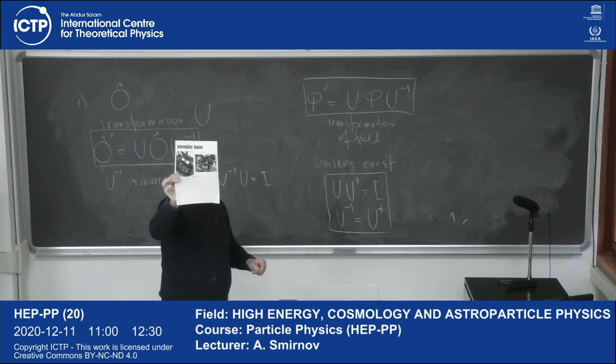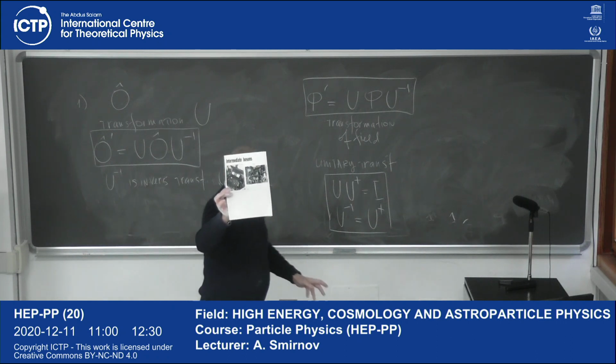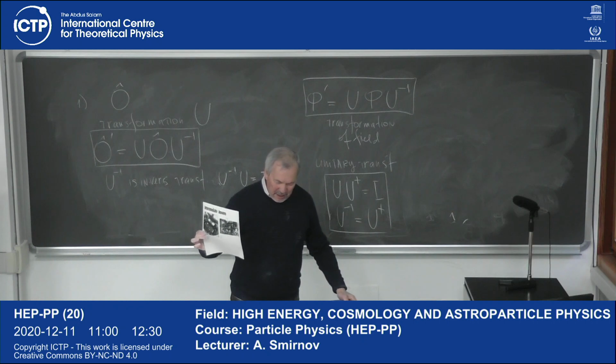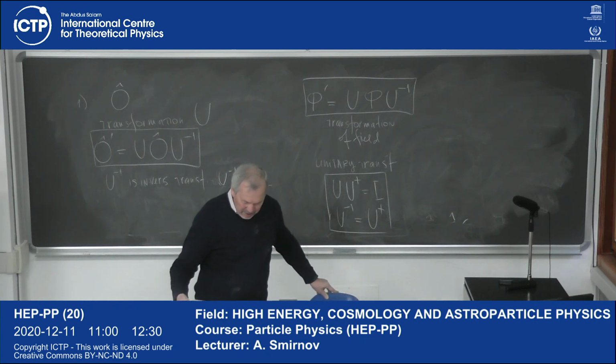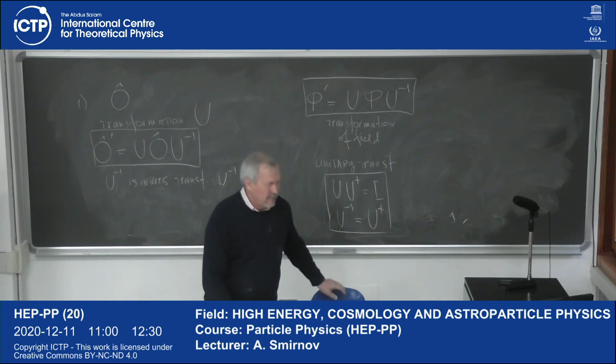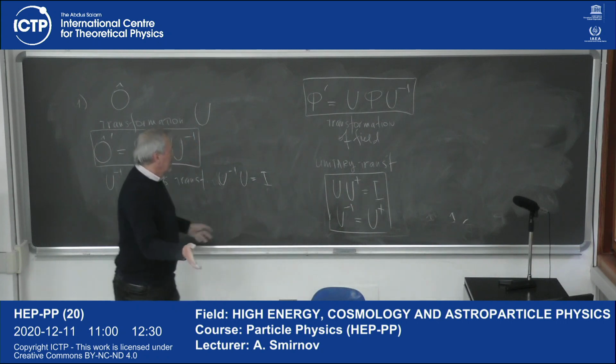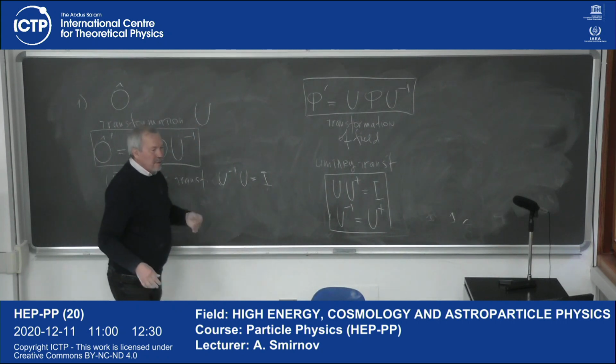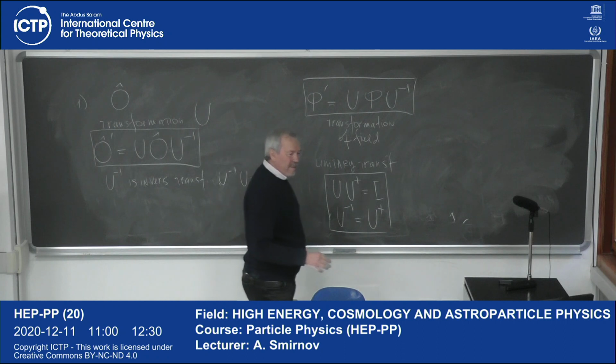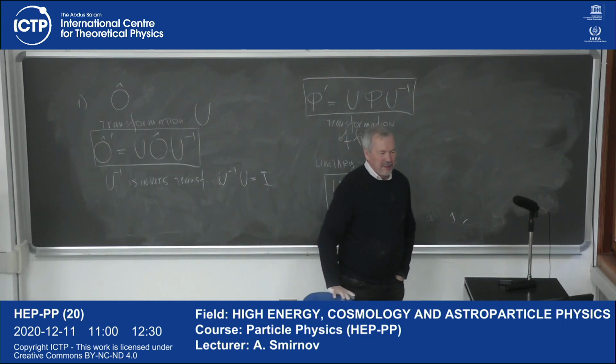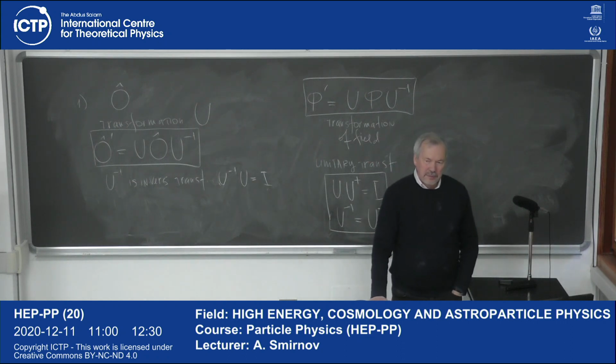These are the UA1 and UA2 detectors used to discover the Z boson and W boson. Sorry, I just forgot to show this. So that's the beginning of the symmetry topic. Questions?